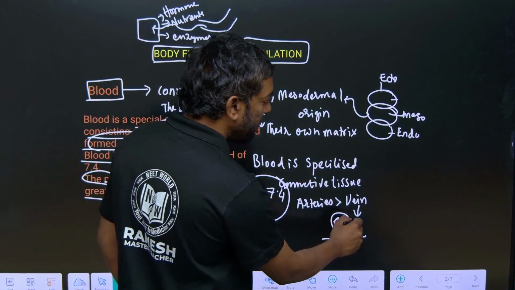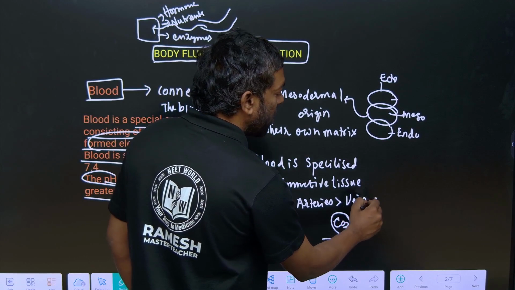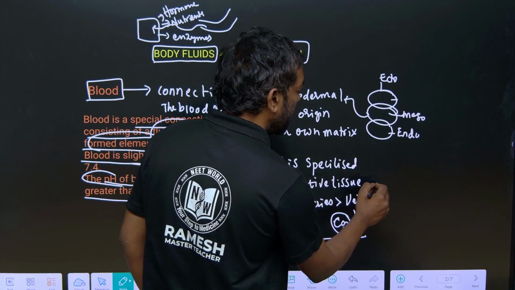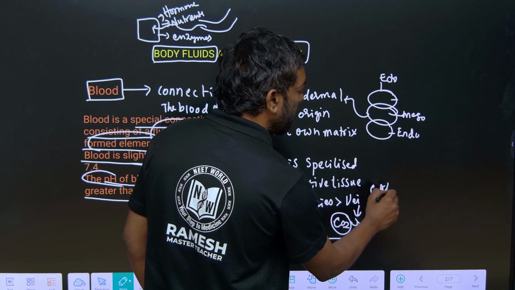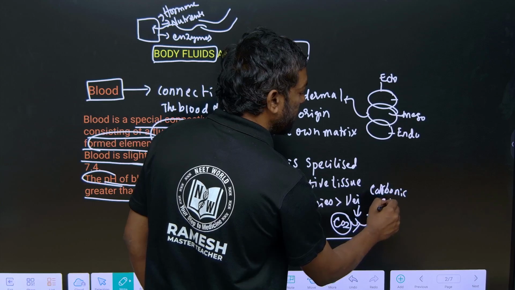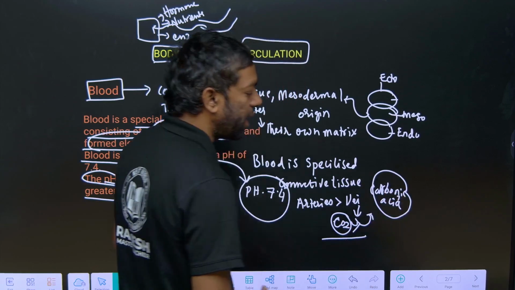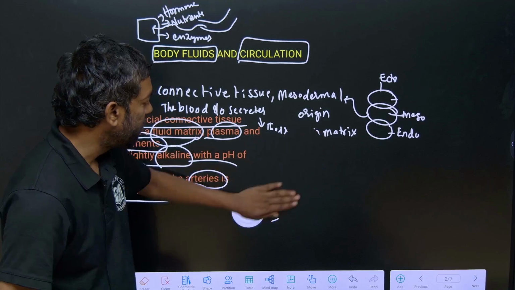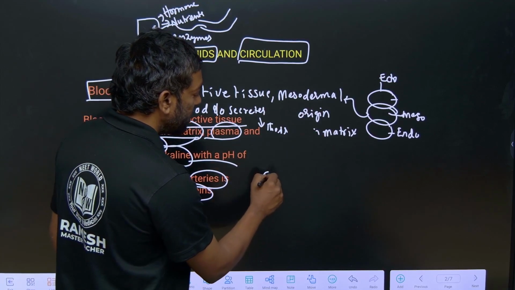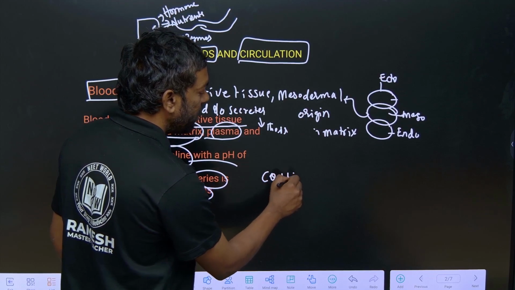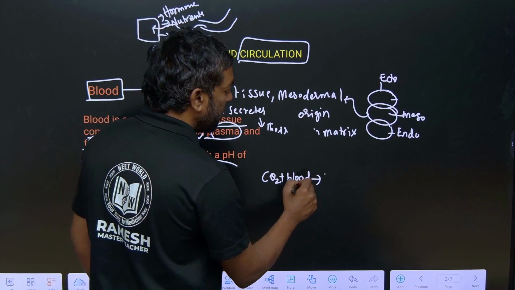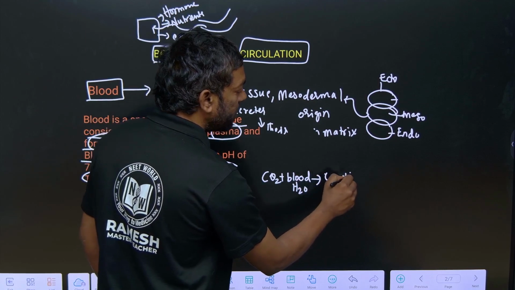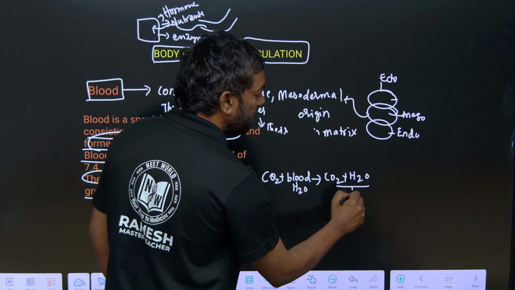The carbon dioxide in the blood can make carbonic acid. Acid makes it somewhat acidic. If the deoxygenated blood has carbon dioxide mixed in it, with H2O in the blood, CO2 plus H2O creates H2CO3.